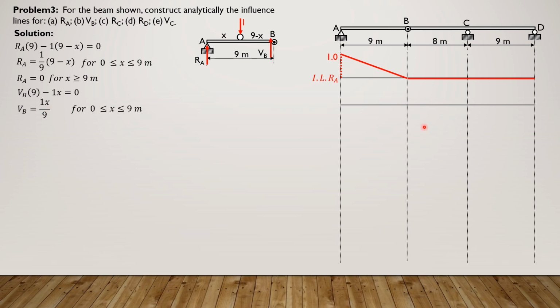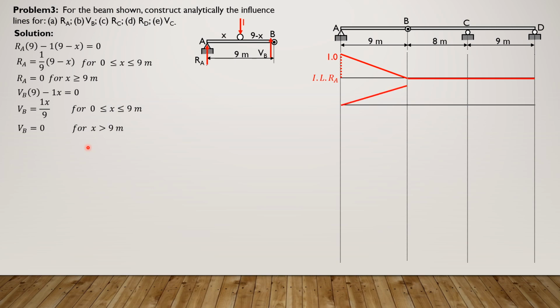And for X greater than 9, the unit load is no longer in this free body diagram. So shear at B times 9 plus nothing equals 0. So that means shear at B is 0 beyond 9.